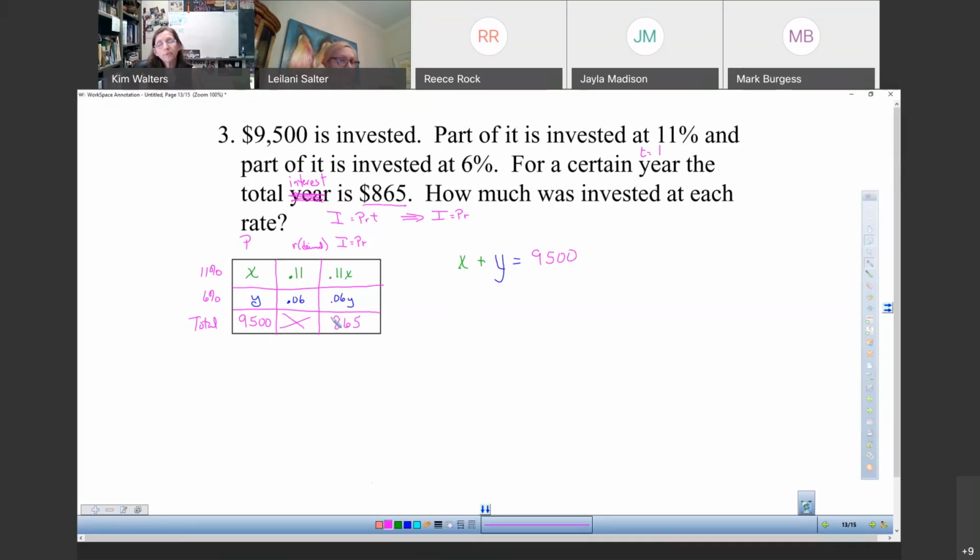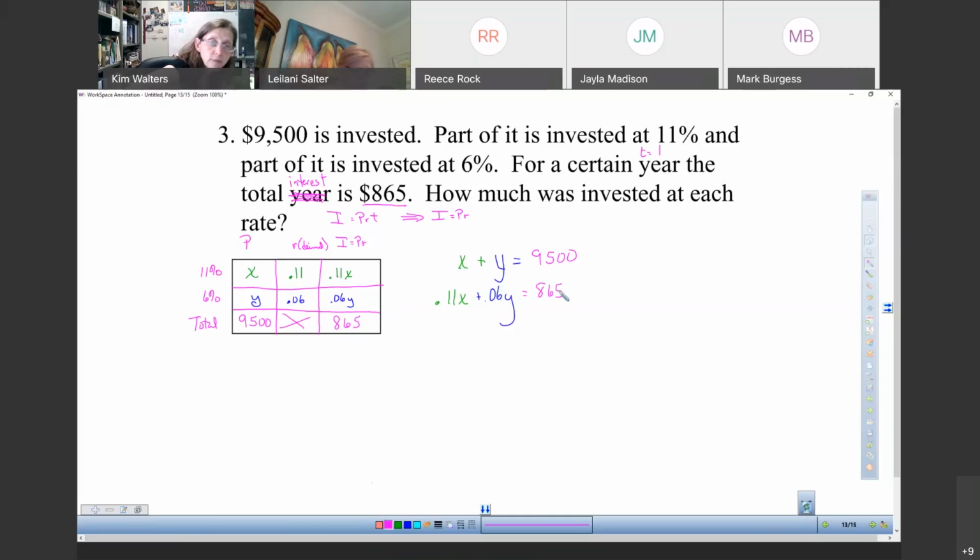I don't have a percentage rate for all three pieces. I have a beginning amount, I have an ending amount there, so I have to translate those into decimals. Okay, so the last column again is going to be my second equation. So I have 0.11x plus 0.06y equals 865.